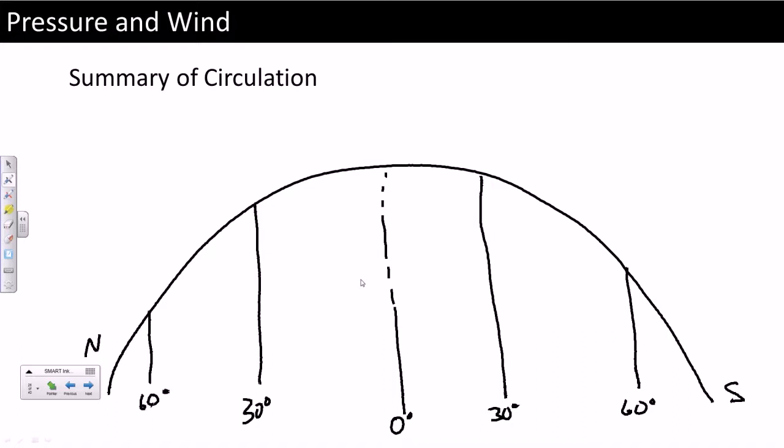All right, and so now we've got to add in our circulatory cells, and we know that at the equator we've got the ITCZ, and that is a low pressure zone. So we've got low pressure driving circulation like this, comes around and then comes back down at 30 degrees there.